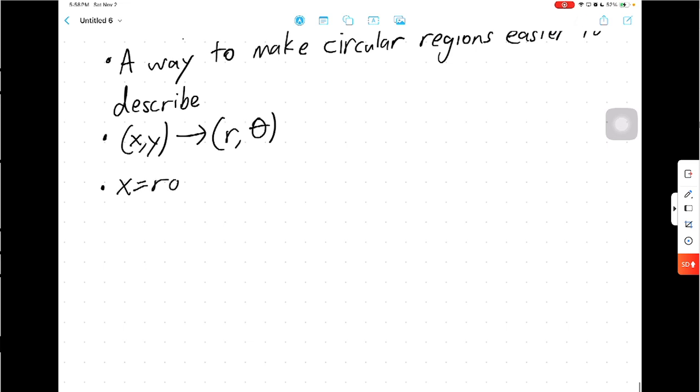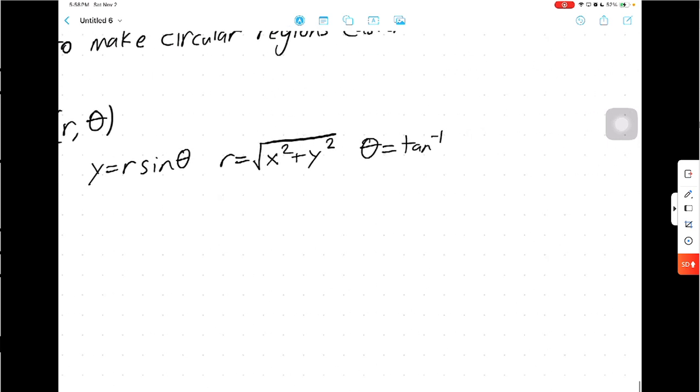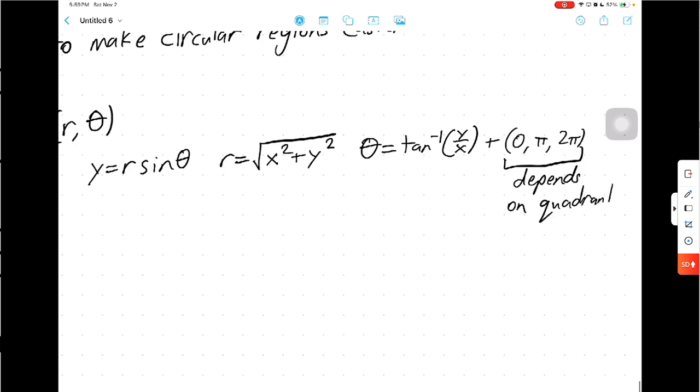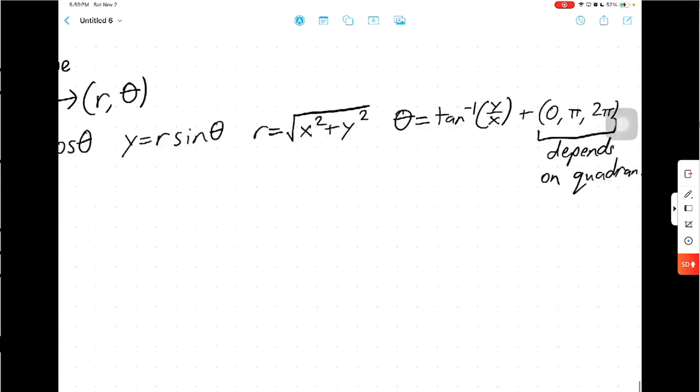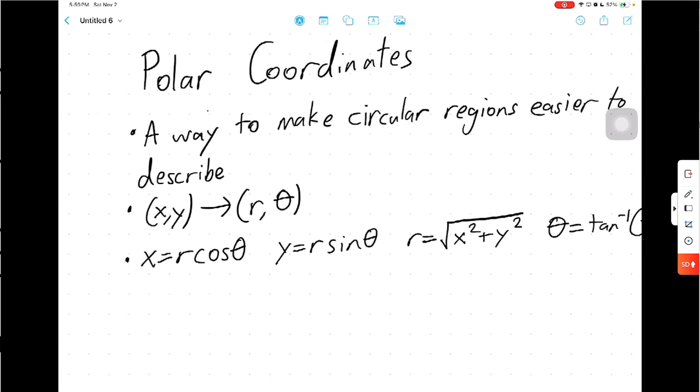The formulas we use to convert from one to the other are x equals r cosine theta, y equals r sine theta, r equals the square root of x squared plus y squared, and theta is equal to tangent inverse of y over x, plus 0, pi, or 2 pi depending on quadrant. Alright, that is pretty much the only stuff from polar coordinates you're probably going to need.